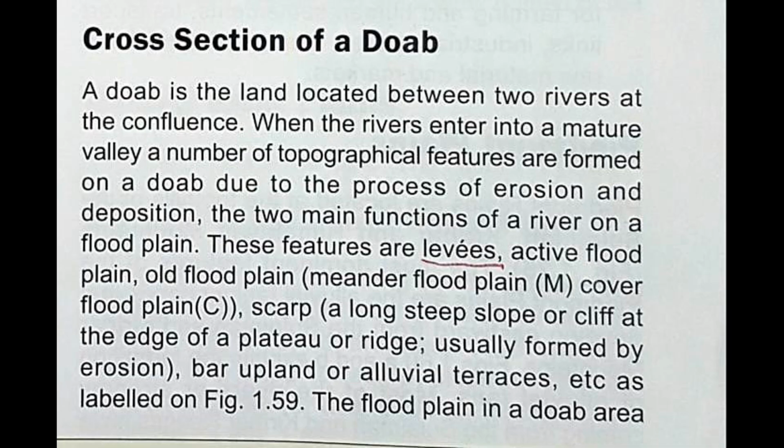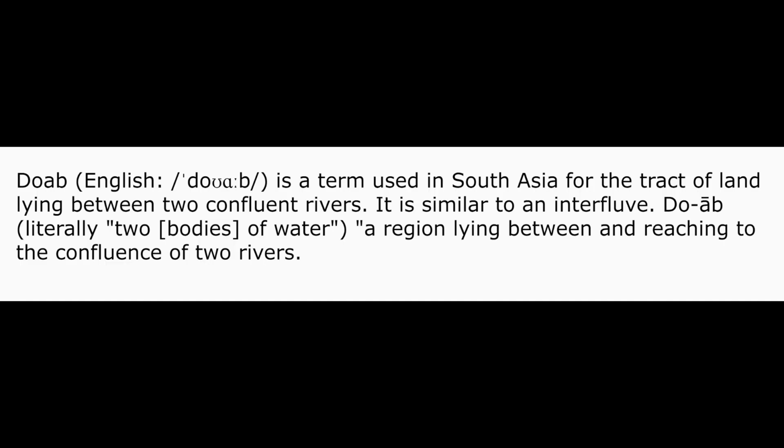Cross section of a doab. Doab is a term used in South Asia for the tract of land lying between two confluent rivers. It is similar to an interfluve. Literally, two bodies of water.